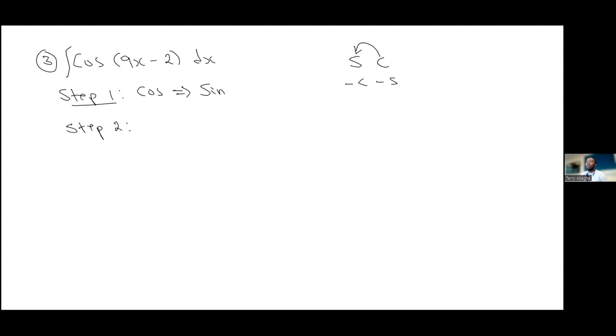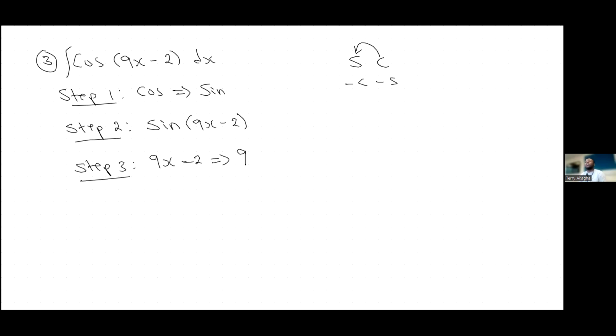Then on step 2, we have to rewrite this with the variable in the bracket. So instead of having cos, now we're going to have sine. Then we have 9x minus 2. Then step 3, the next thing we need to do is differentiate what is in the bracket. So we have 9x minus 2. When you differentiate it, 9x is going to give you 9, and when you differentiate minus 2, it gives you 0.